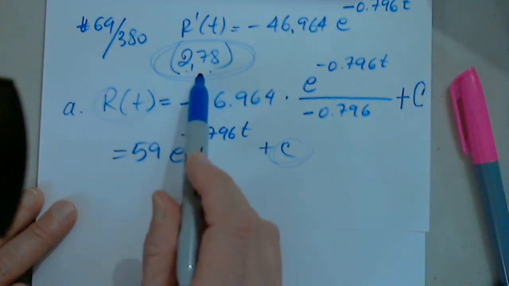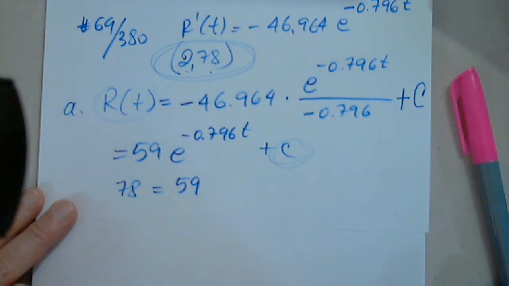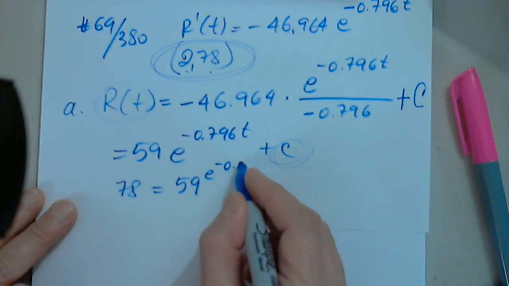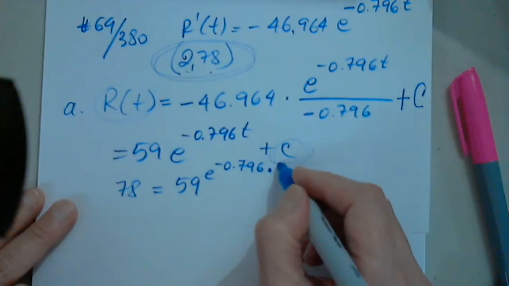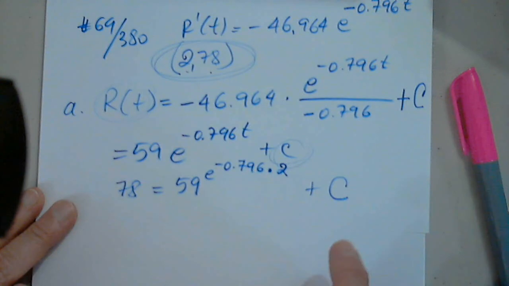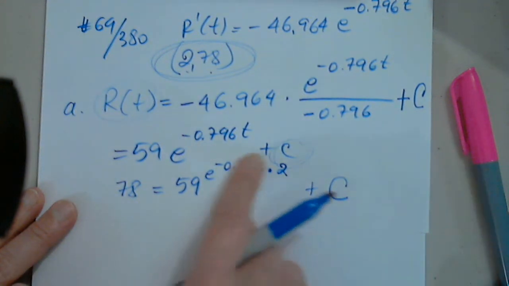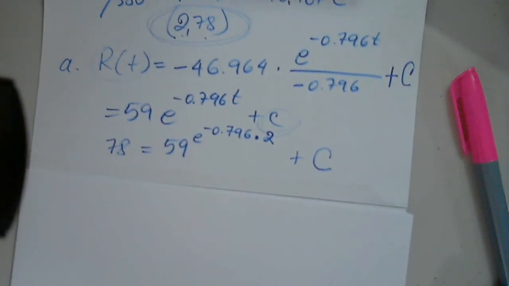So r of t is 78. Then we have 59 e to negative 0.796 times 2 plus a constant c. So c is 78 minus all this. So let's write it.